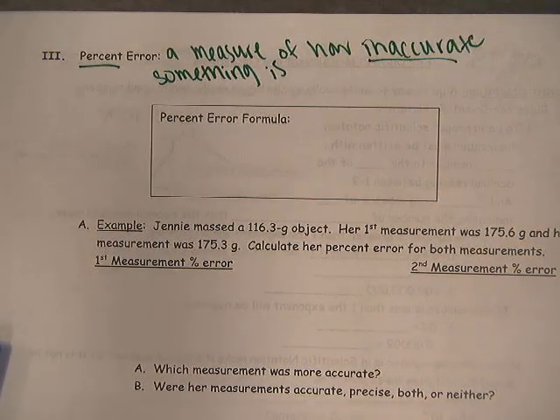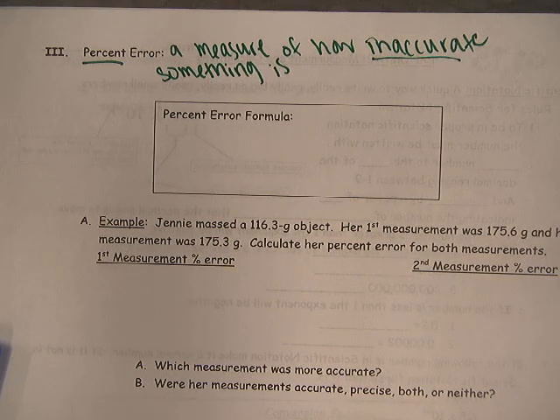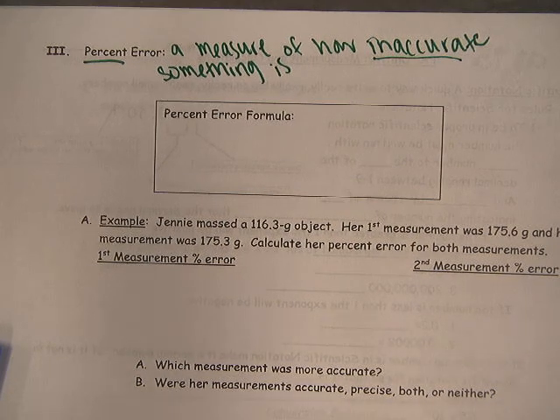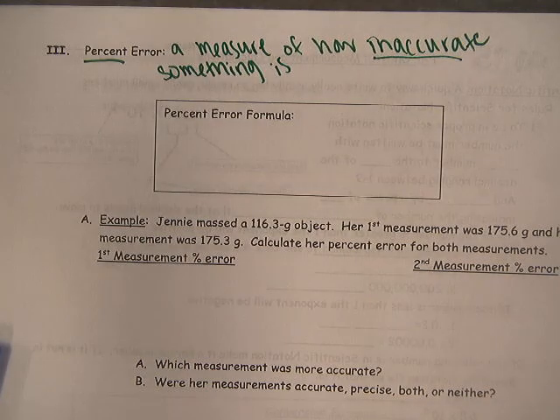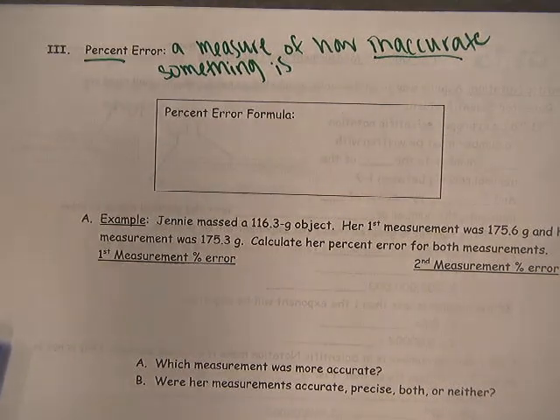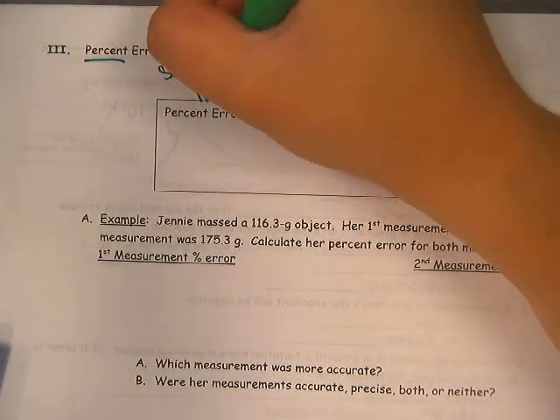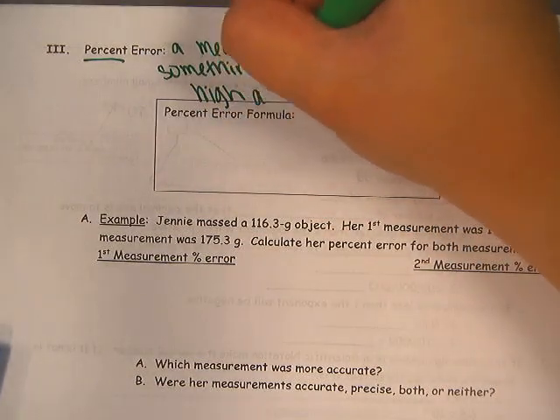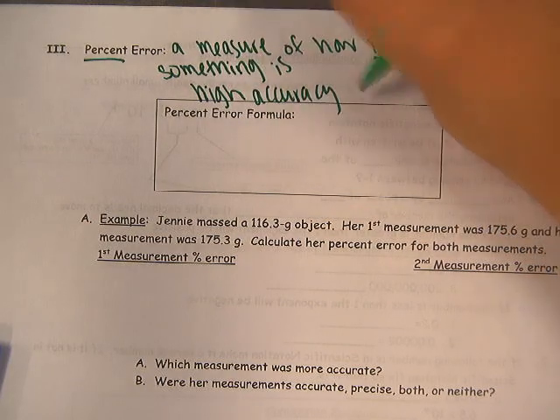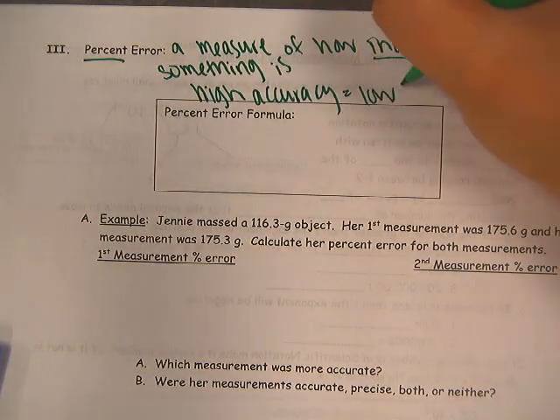To measure the inaccuracy, that's not a good thing. So that means that if you are highly accurate, if you are getting the correct answer, if you do something perfectly, then you would have a low percent error. So high accuracy equals low percent error.